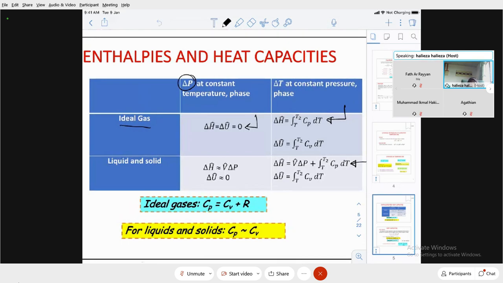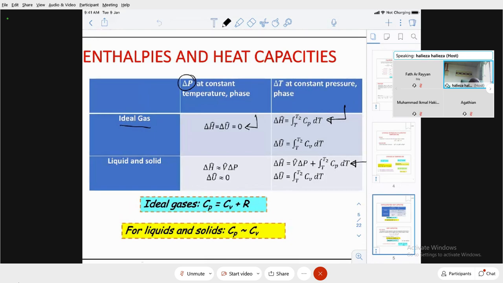And when there's a change of phase from liquid to vapor or vice versa, then you need to look up the boiling point and the value of the latent heat, the enthalpy change at vaporization. That is actually the latent heat of vaporization. You need to know that.